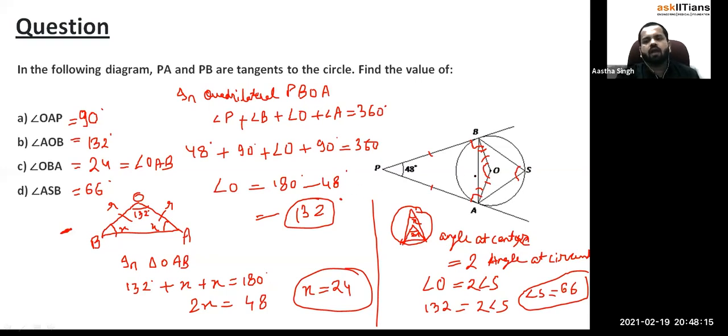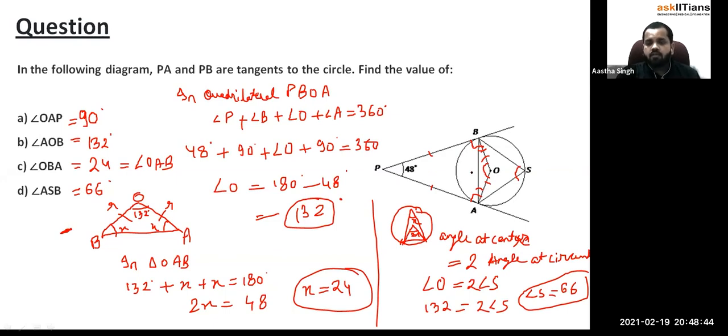We have already found angle O: it is 132 degrees. The next question asked about angle OAB, and it can also be asked about ABO. This is only an associated triangle. You can easily find that x, with 132, both base angles are equal, so angle OBA and OAB are both equal to 24.